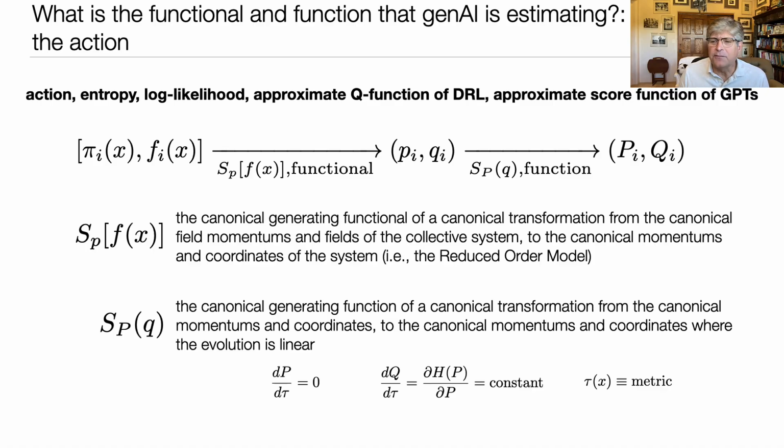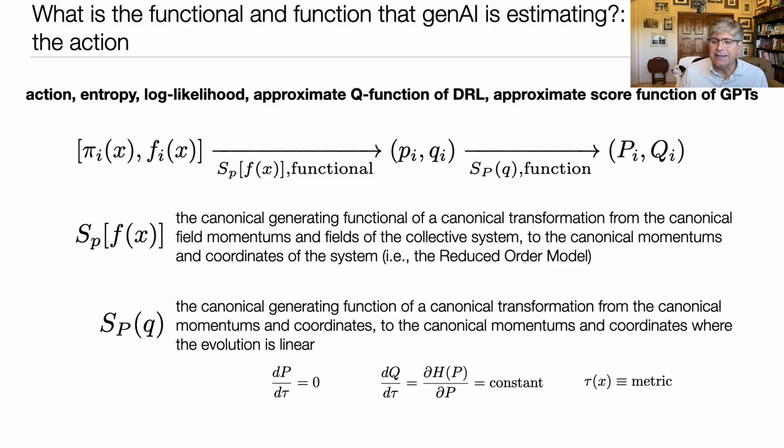What is the functional and function that generative artificial intelligence is estimating? It is the action, also known as entropy, log likelihood, the approximate Q function of DeepMind's AlphaGo and AlphaFold, and the approximate score function of OpenAI's ChatGPT.